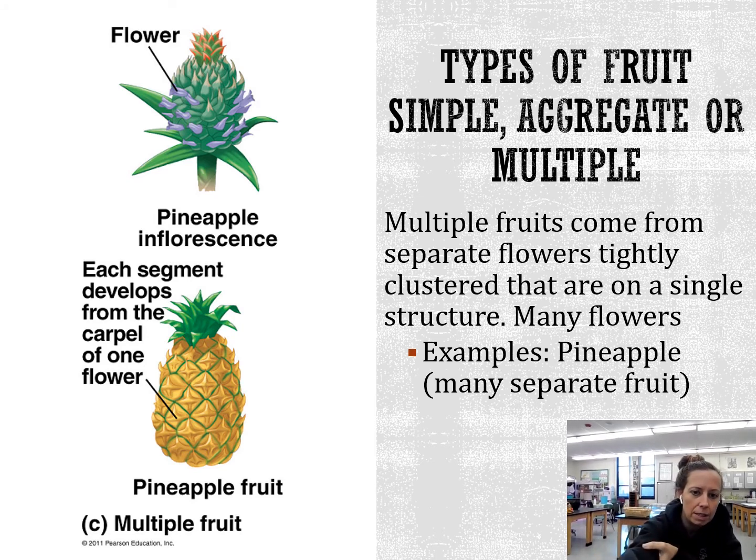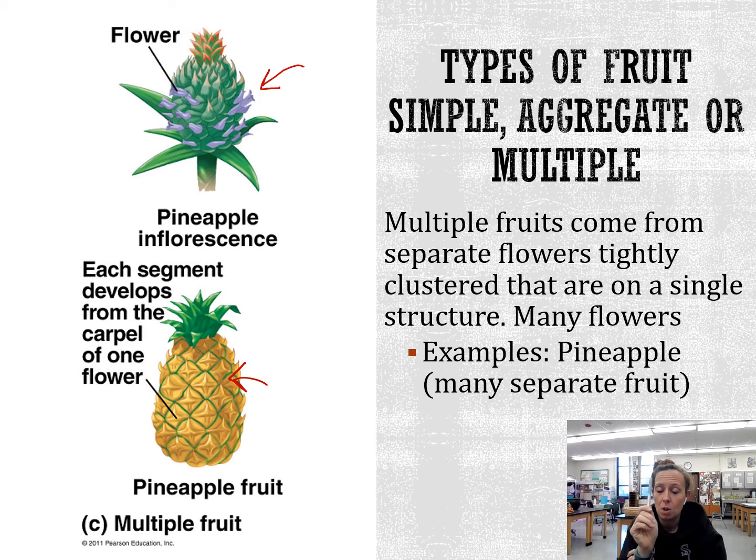So all those little purple parts on that picture are different flowers. And each one of those flowers, when pollinated, forms one of these little areas, which is actually its own fruit. So it's almost like a single fruit, but all combined together.